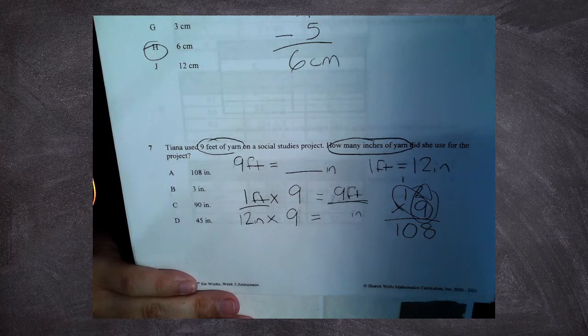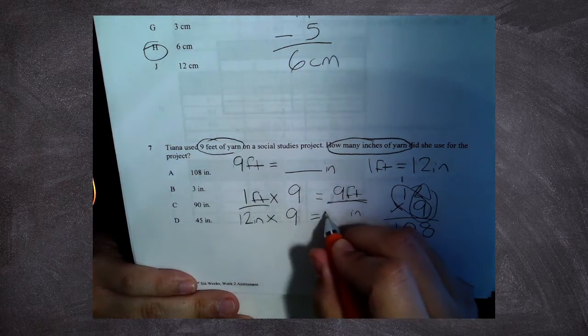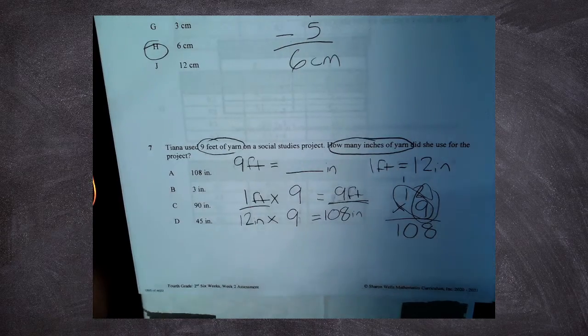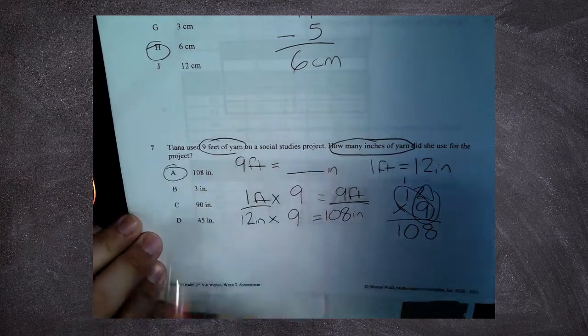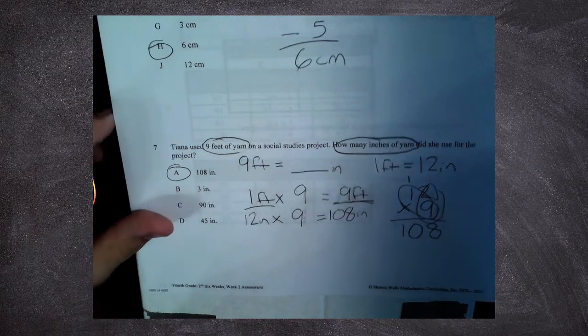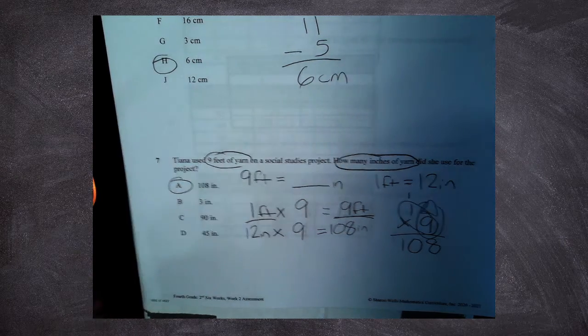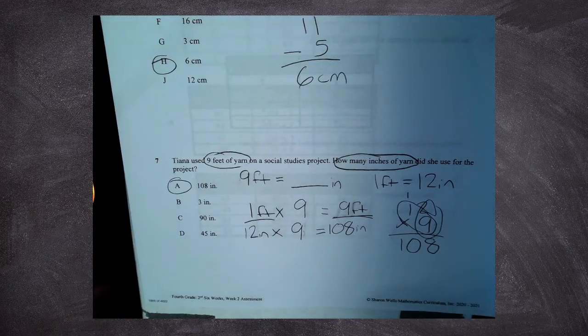So if I was going to change it from 9 feet to inches, I would get 108 inches. Which means that my answer should have been answer choice A. 108. Ooh, am I glad I found that mistake before I tried to pick an answer? I would have been very confused.